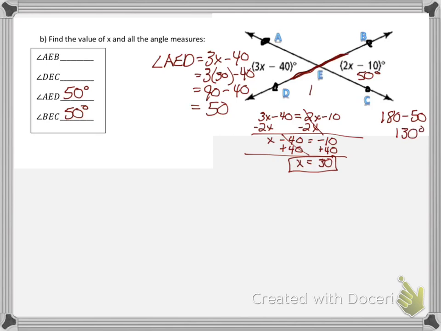So this angle right here is 130 degrees. So that's angle DEC. So angle DEC is 130. And if you look, we have our vertical this way as well. See the kissing fish this way? So that's congruent. So if this DEC is 130, then angle AEB is also 130 degrees.